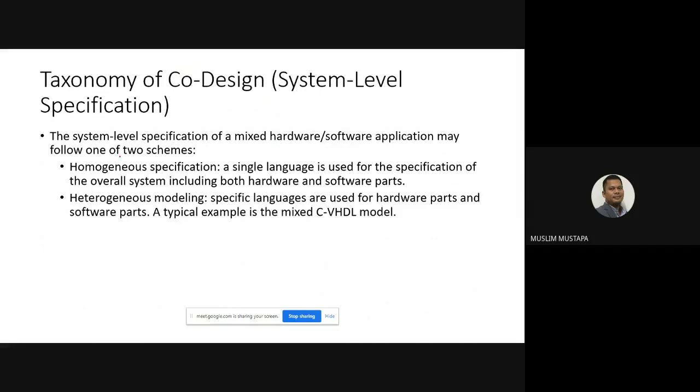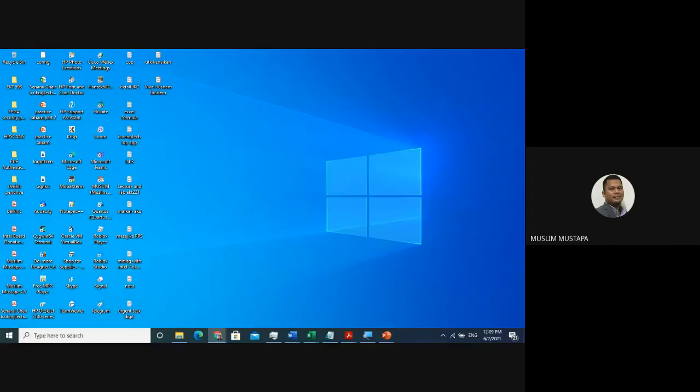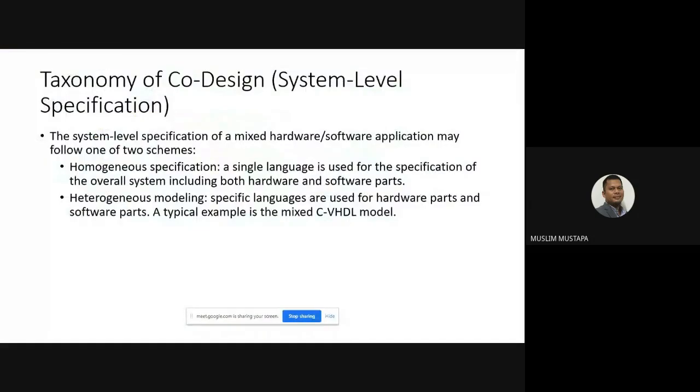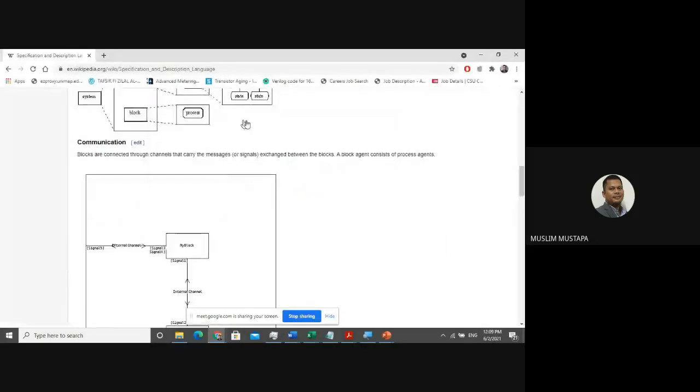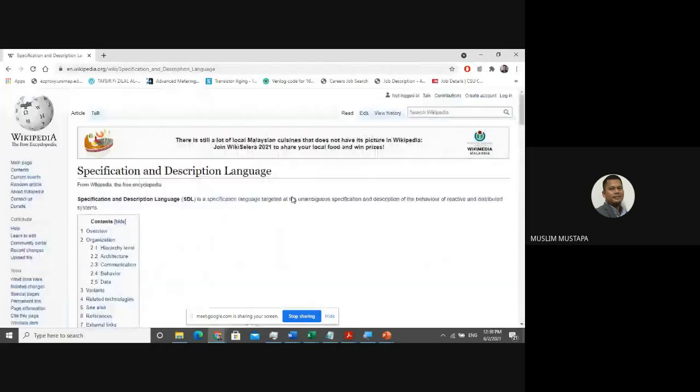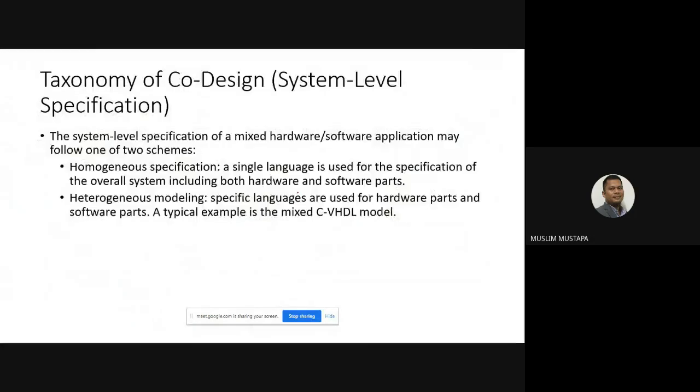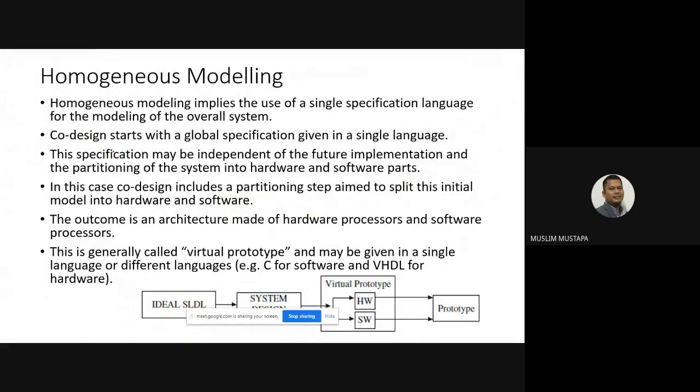So, modeling. Okay, let me show you an example. This one is for homogeneous modeling. If you look into the homogeneous modeling, you can refer to the slide.